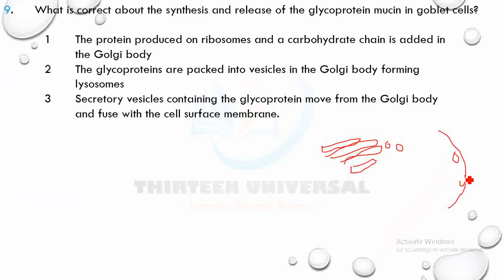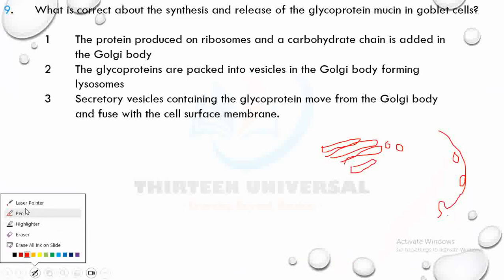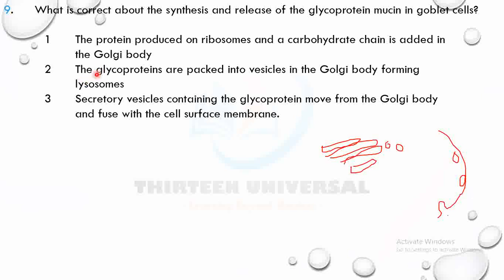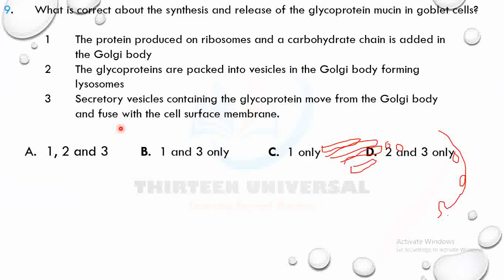When it gets to the cell membrane, it fuses with the cell membrane and then empties. Okay, so you can see from what we have there that 2 is not correct, but 1 and 3 are correct. So you see the answer should be 1 and 3, B.